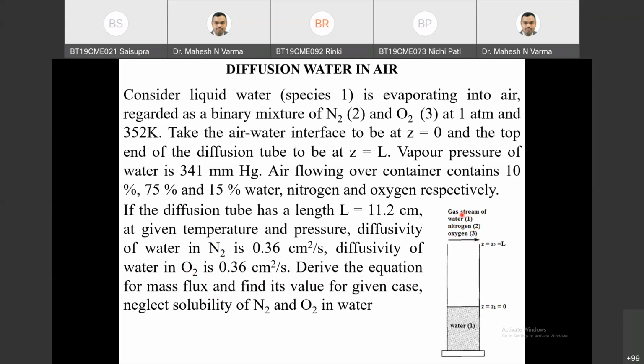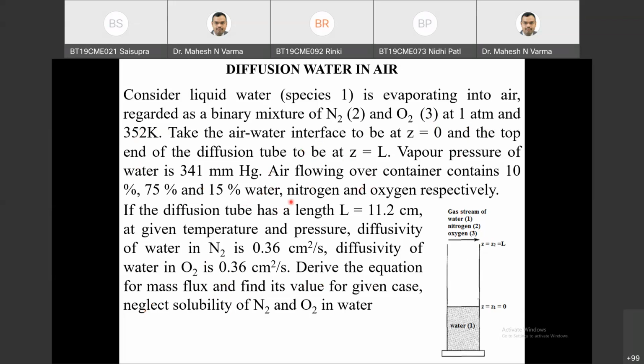Already we have solved for the flux. The question is to derive the equation for mass flux, and it will be exactly the same. The mass flux equation will be similar to what we have just seen, considering species 2 as air.